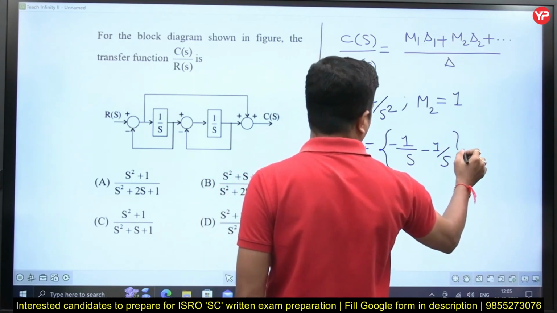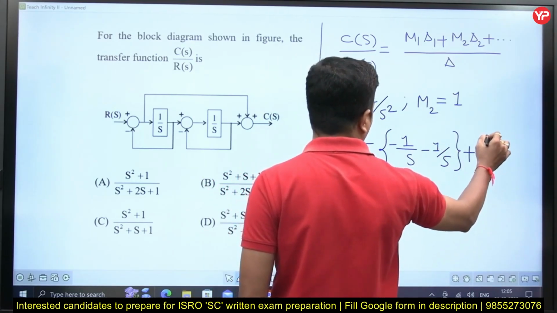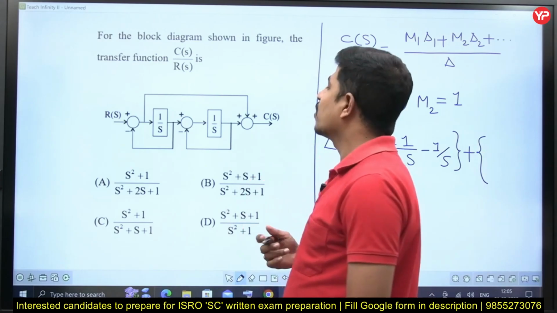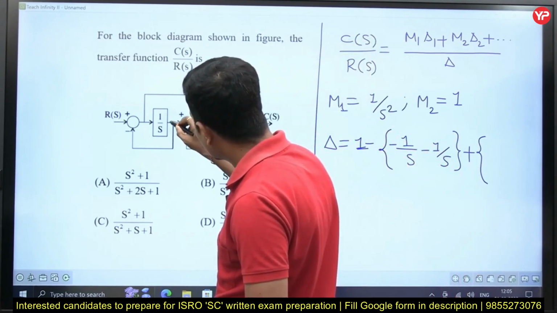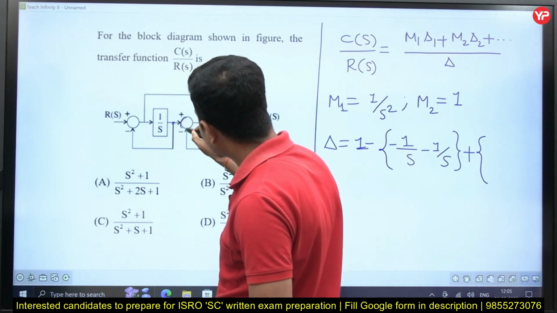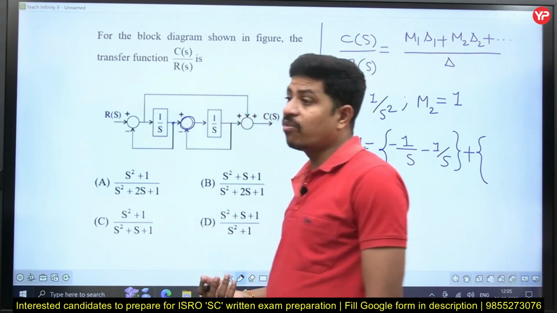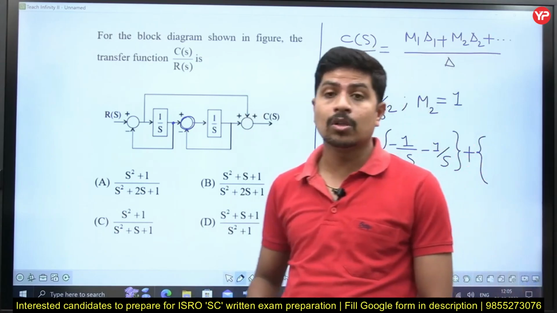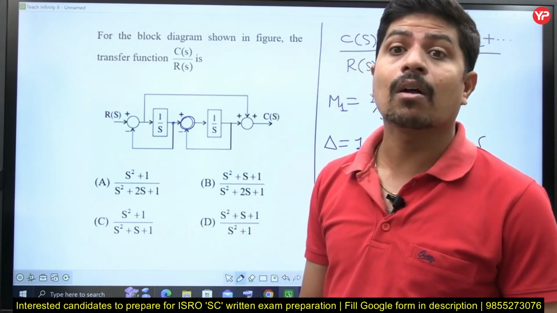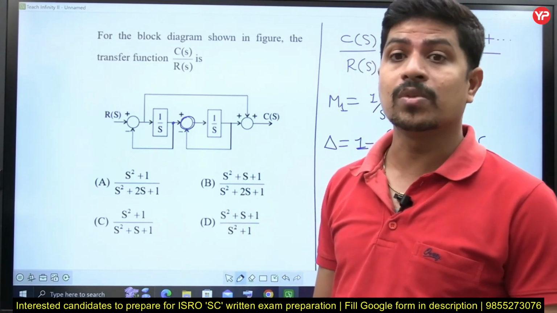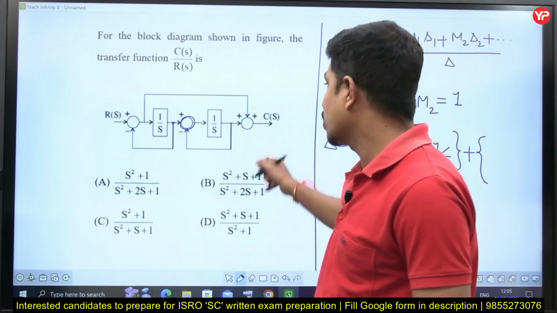Tell me, are both the loops touching or non-touching? How can you say that both the loops are non-touching? This is the ending of the first loop, and this is the starting of the second loop. If the takeoff point is before the summing point, then both the loops are said to be non-touching in block diagrams. If the takeoff point is after the summing point, then both the loops are said to be touching. Both are non-touching here.